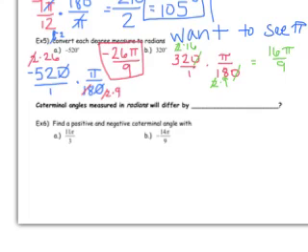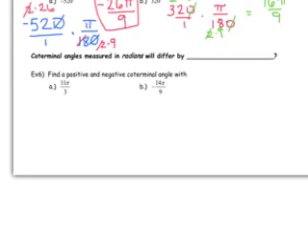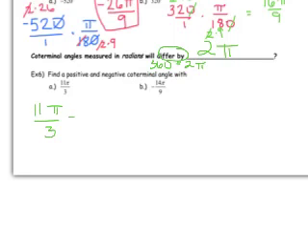Okay, just like with degrees, we do have some coterminal angles in radians. Keep in mind, coterminal angles in degrees differ by 360, and since 360 equals 2 pi, when we're talking about radians, they're going to differ by 2 pi. So I'm going to subtract 2 pi here.